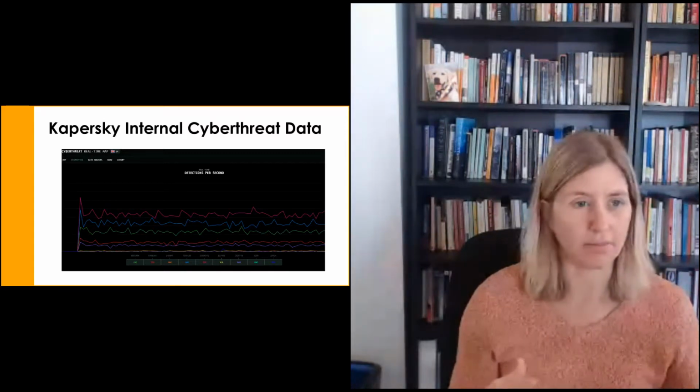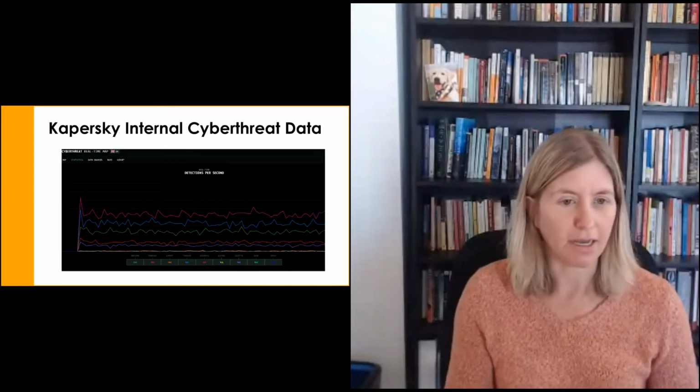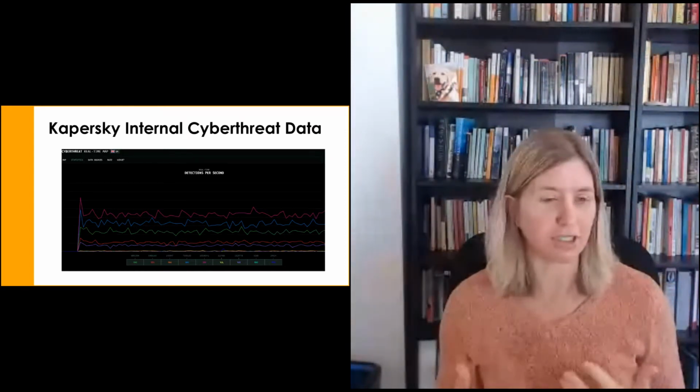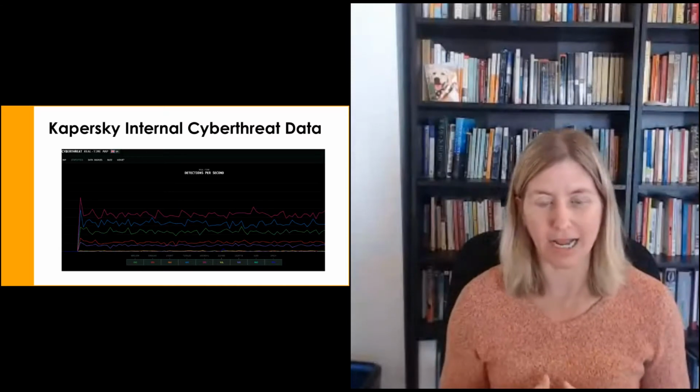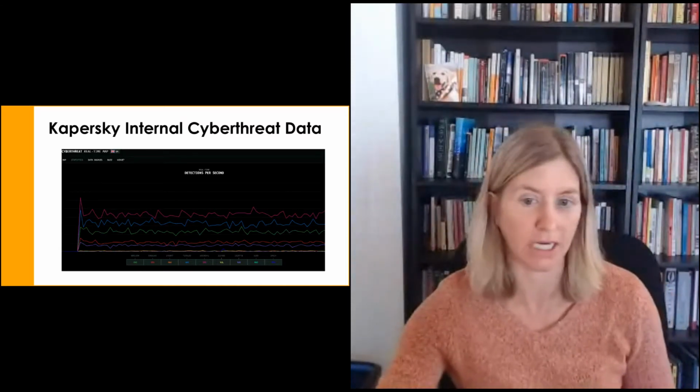So again, this is just a couple of examples of how you can use internal data. I suggest you put on your creative thinking hat and begin to think about what data you have accessible and how you might use it in an engaging way.